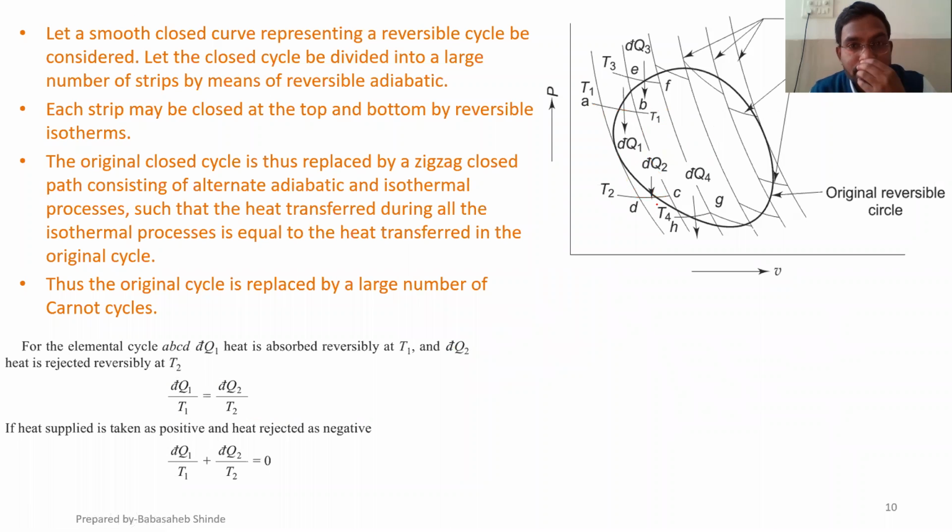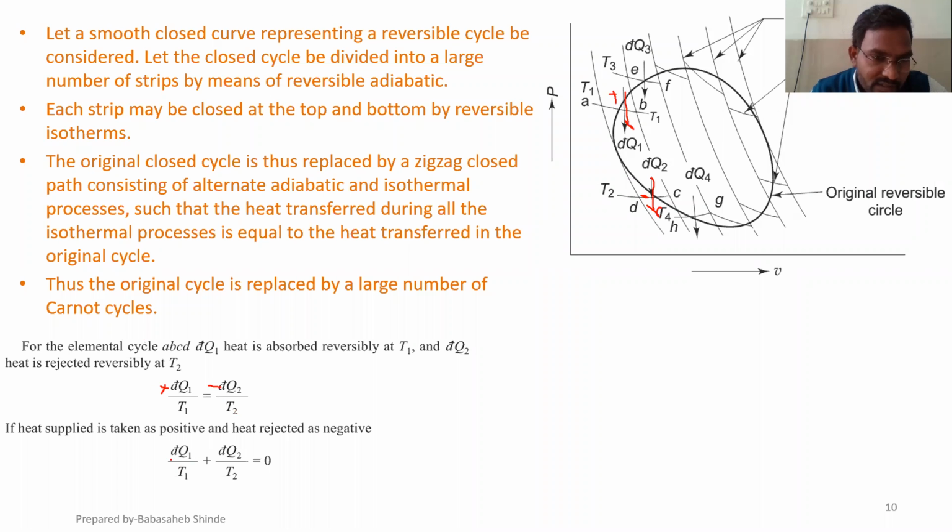Okay, so here dq1 is heat entering the system, whereas dq2 is heat leaving the system, and we know the sign convention: heat entering the system is positive and heat leaving the system is negative. So dq1 will be positive and dq2 will be negative, right?